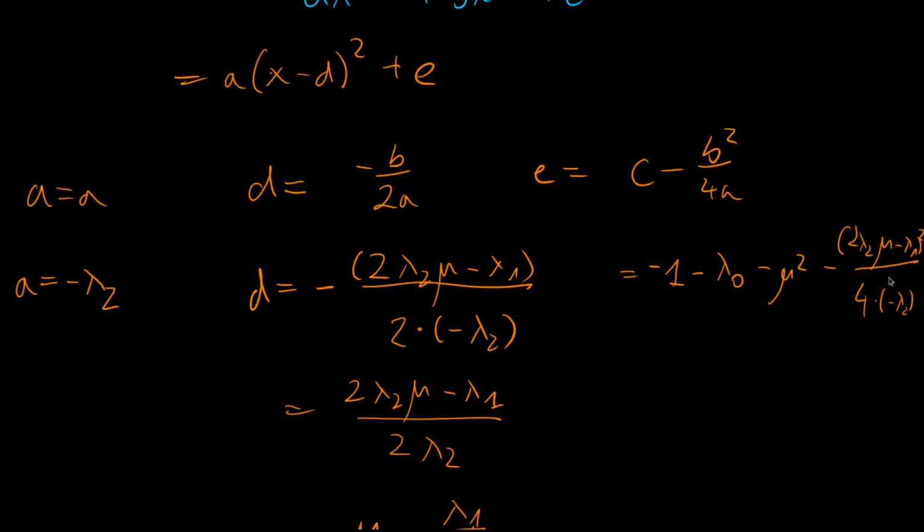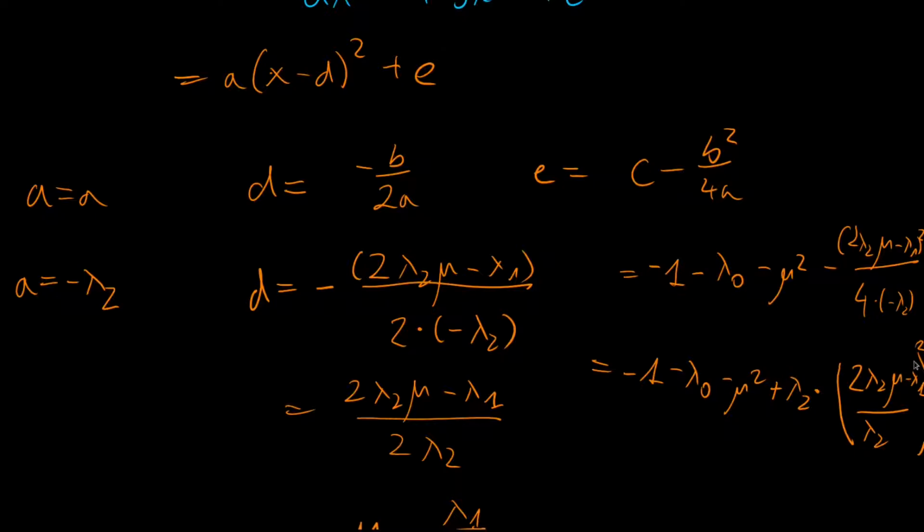We can also simplify this a little bit and put in again -1 minus lambda 0 minus mu squared, and then we can multiply with lambda 2 over lambda 2. The minus minus is a plus, so we have lambda 2 times the quantity 2 lambda 2 mu minus lambda 1 over lambda 2, in brackets squared.